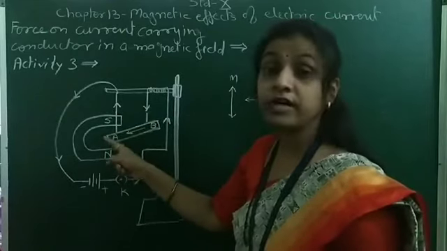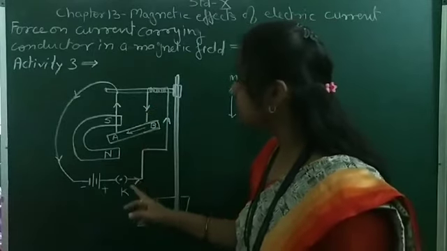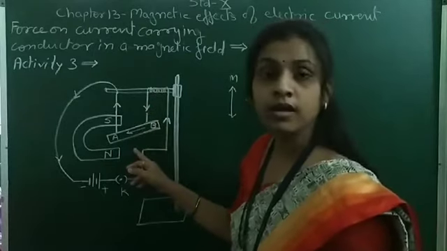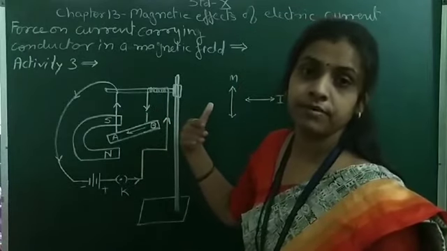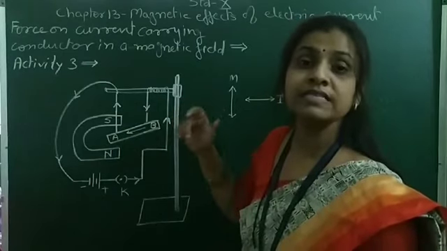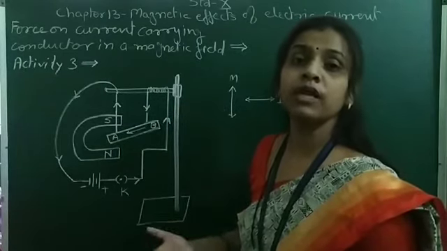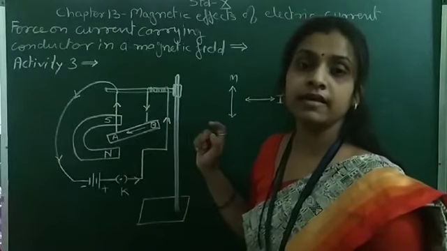Because the magnetic field exerts a force on a current carrying conductor. As soon as the current starts flowing through the aluminium rod, the rod moves towards the left. So we can prove the force exerted by a magnetic field on a current carrying conductor.